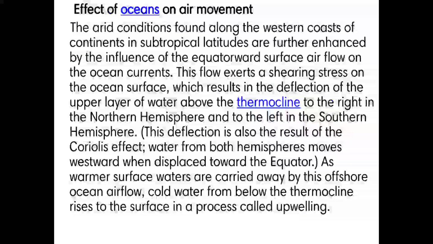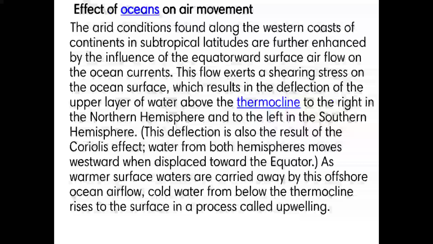Effect of ocean on air movement. The arid conditions found along the western coasts of continents in subtropical latitudes are further enhanced by the influence of equatorward surface airflow on the ocean currents. This flow exerts a shearing stress on the ocean surface, which results in the deflection of the upper layer of water above the thermocline to the right in the northern hemisphere and to the left in the southern hemisphere.